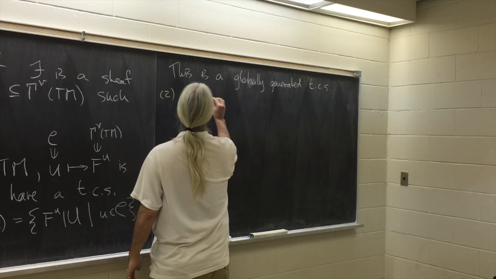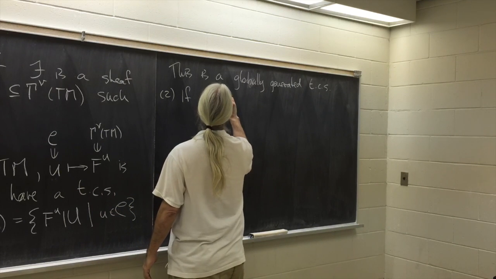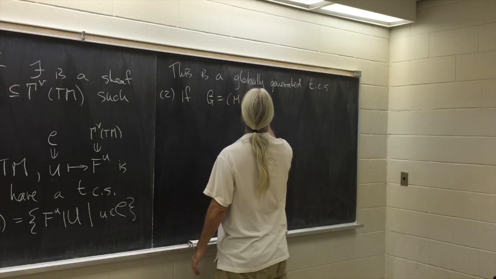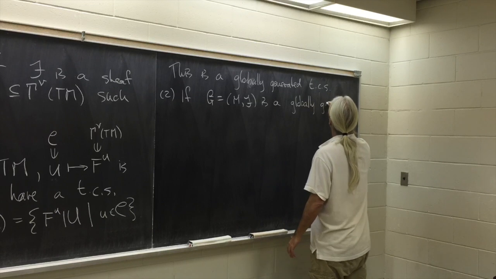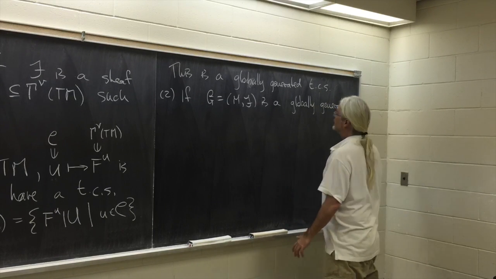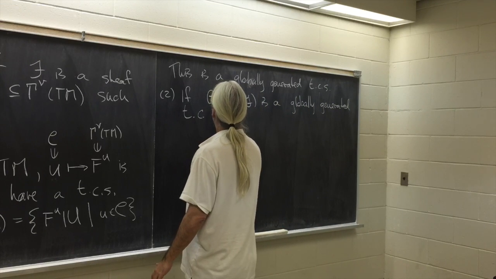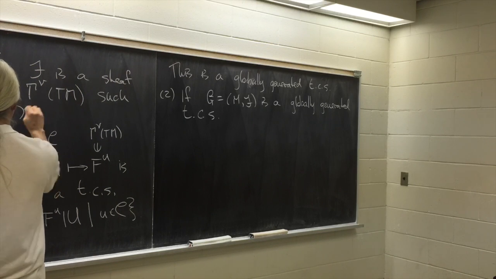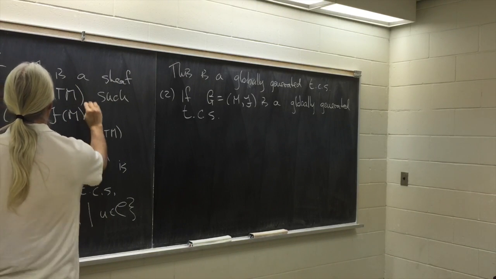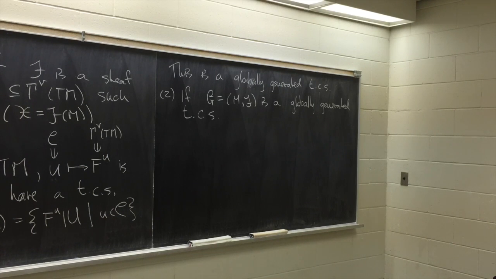Okay, so if G is a globally generated tautological control system, notice that if you have one defined by a family X of vector fields, then X is equal to the sections of the presheaf over M. That's just obviously true.